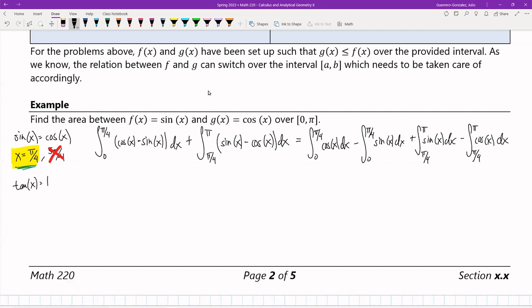Now we get the evaluation portion. Give me a second to read my notes here.